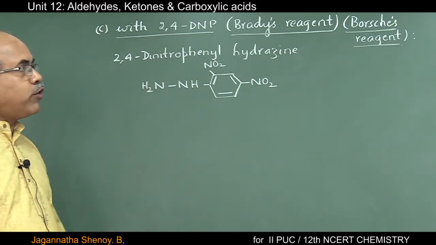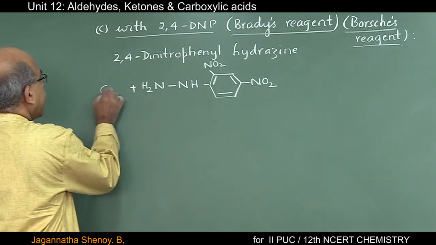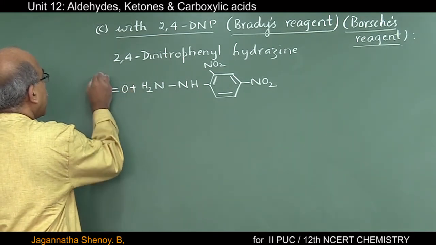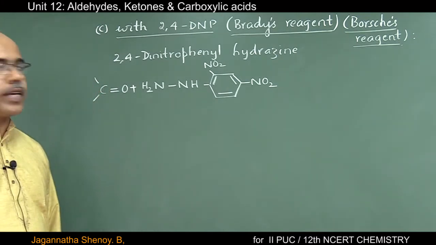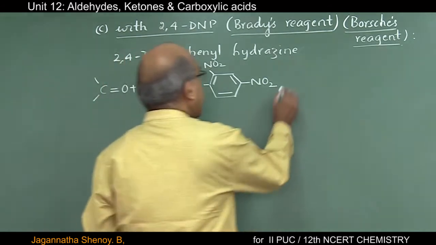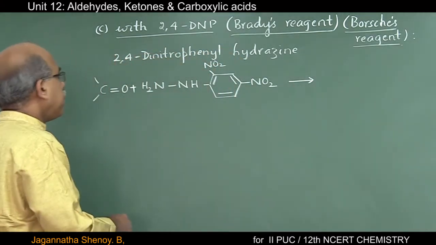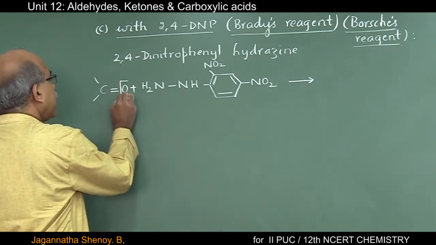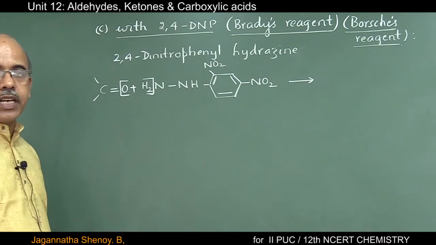Now this 2,4-dinitrophenylhydrazine is made to react with any carbonyl compound, in other words, any aldehyde or ketone. So the reaction takes place in the same way as I explained in the previous case. So from here oxygen will go, from here 2 hydrogens will go.